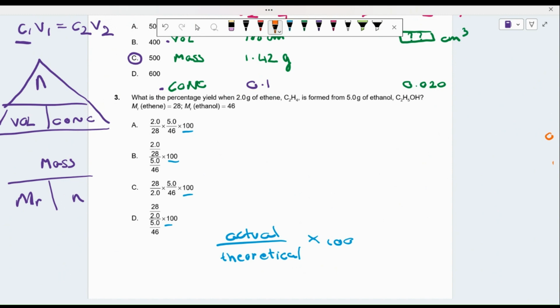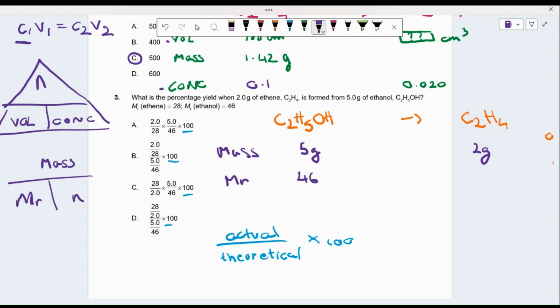We've got our beginning C2H5OH, that will be going to C2H4. We've got 5 grams. We end up with 2 grams. This is the mass. We also have the Mr, so that's 46 here, 28 there.